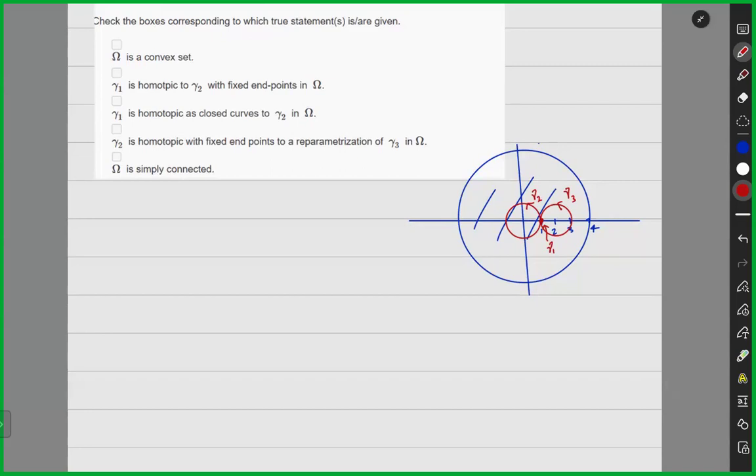So you agree with me, it is a convex set? So this disk is omega, the closed disk. Is this convex?